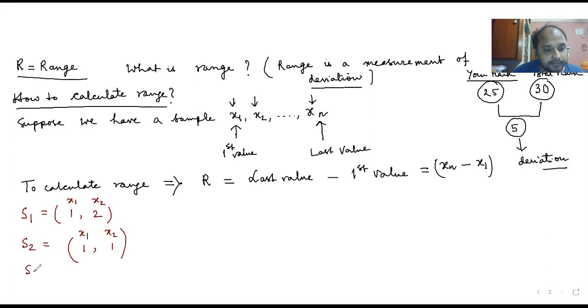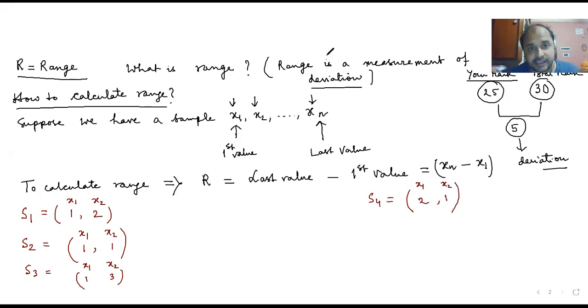My third sample, the value of x1 was 1, the value of x2 was 3. And my fourth sample S4, the value of x1 was 2 and the value of x2 was 1.